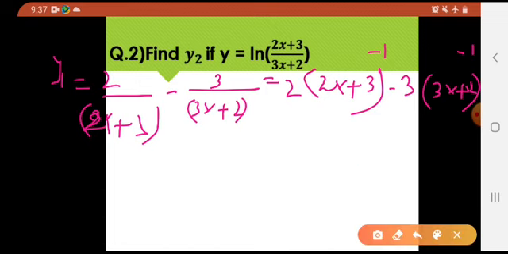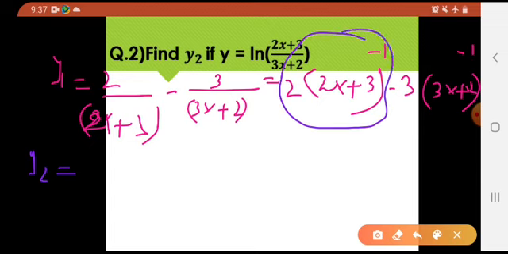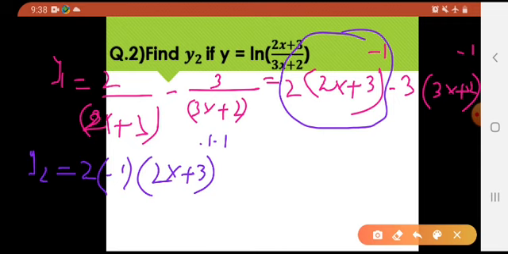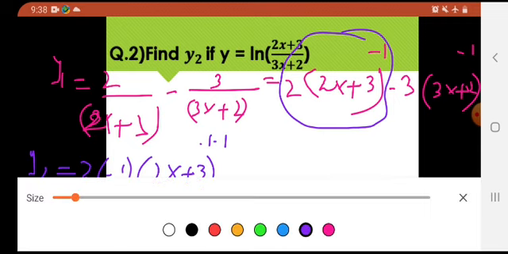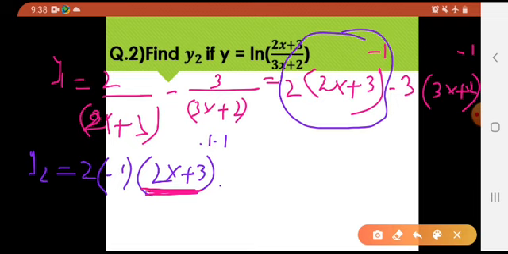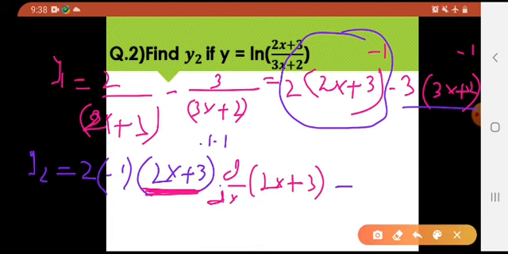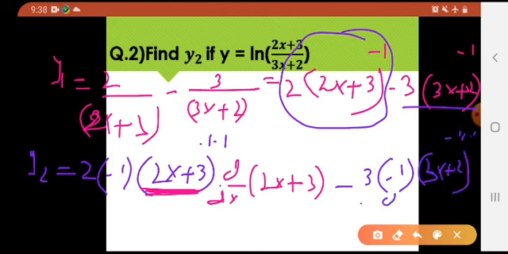Okay, now let us find the second derivative. यहाँ पे भी पावर रूल अप्लाई होगा and that would be 2 into -1 into (2x plus 3) raised to the power -2 into further derivative of the inside term, यानी d by dx of 2x plus 3. Clear? Minus, look at this one now. 3 into -1, (3x plus 2) raised to the power -2 into d by dx of 3x plus 2.